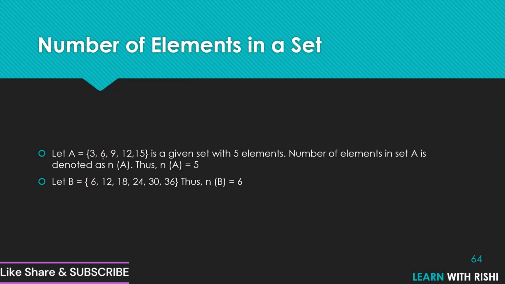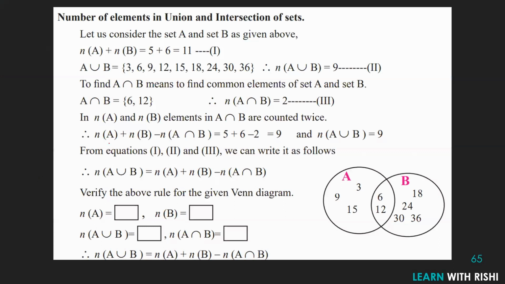So while counting n of A plus n of B, we have counted 6 and 12 two times, one in set A and one in set B. So we can write n of A plus n of B minus n of A intersection B. Why minus? Because we have counted those two elements two times. That's why we need to subtract it once.